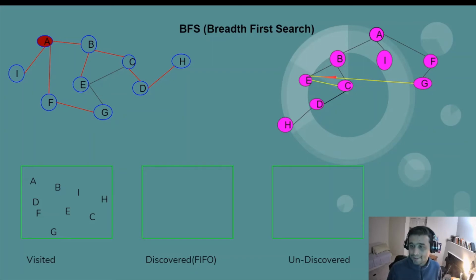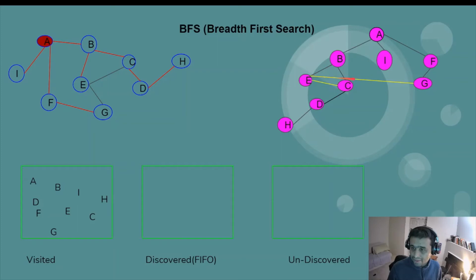Basically, cross edges are the edges connecting two vertices which do not have a direct parent-child relationship. So E and B have a parent-child relationship, and it is denoted by the black edge.